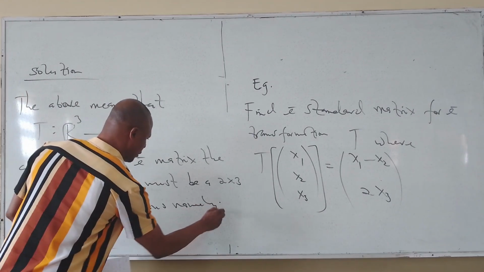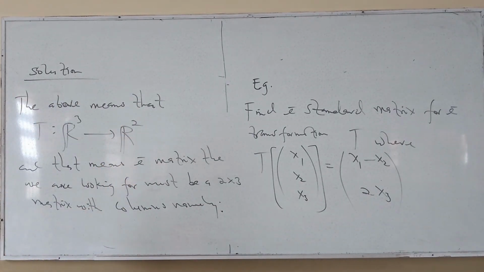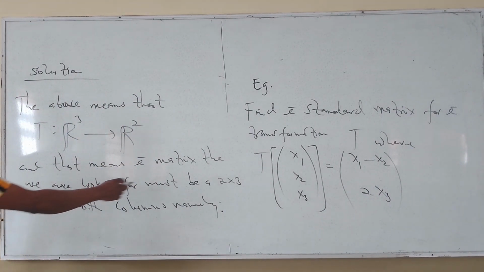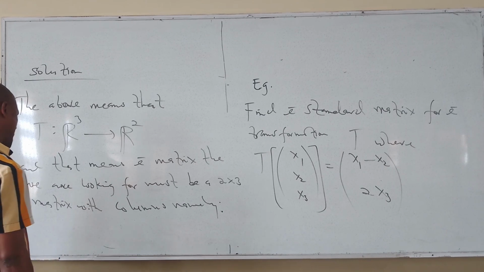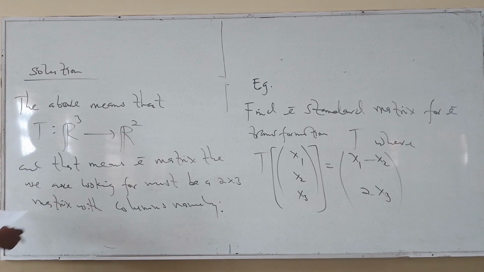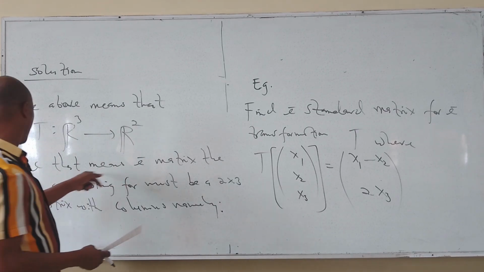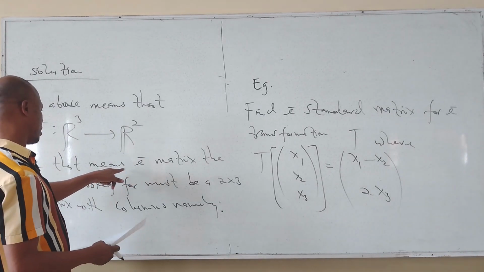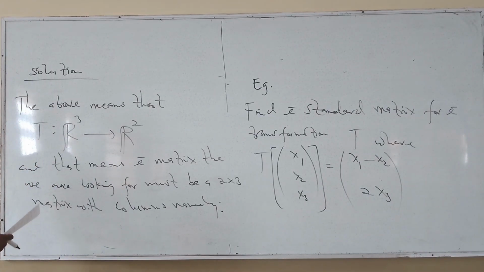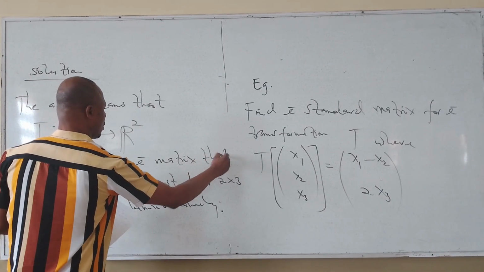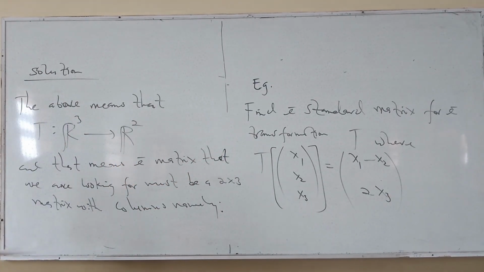Namely, we are looking for a matrix that must be a 2 by 3 matrix with columns.